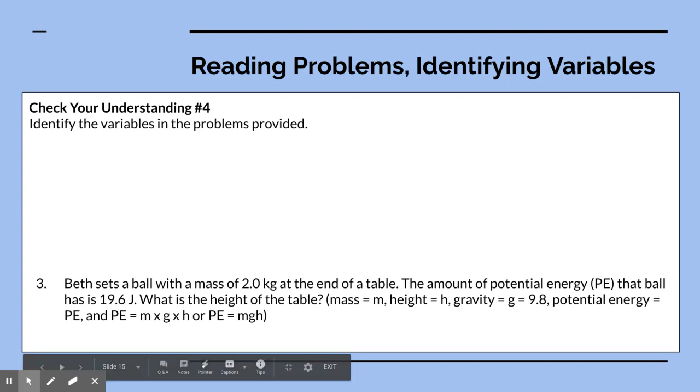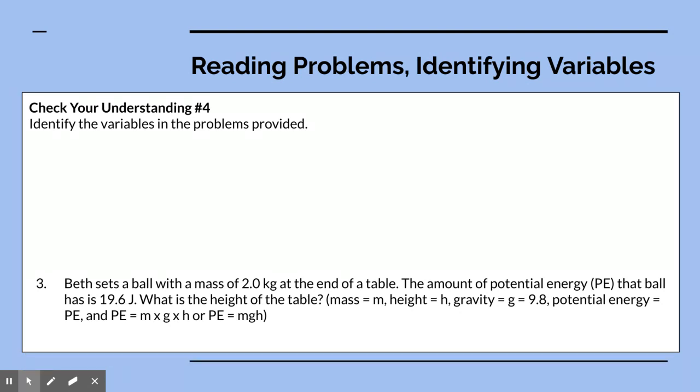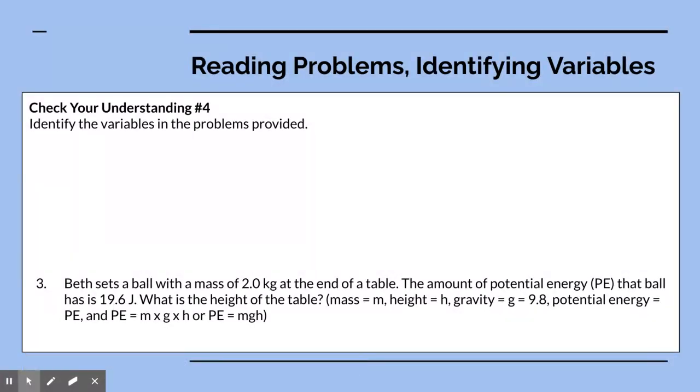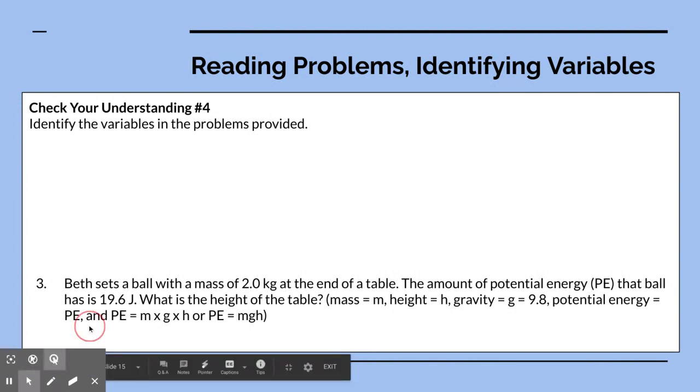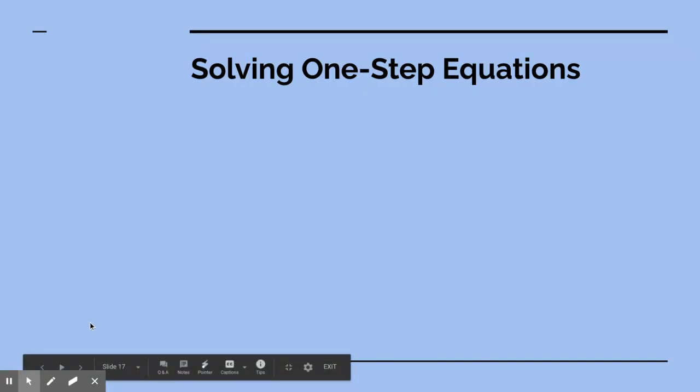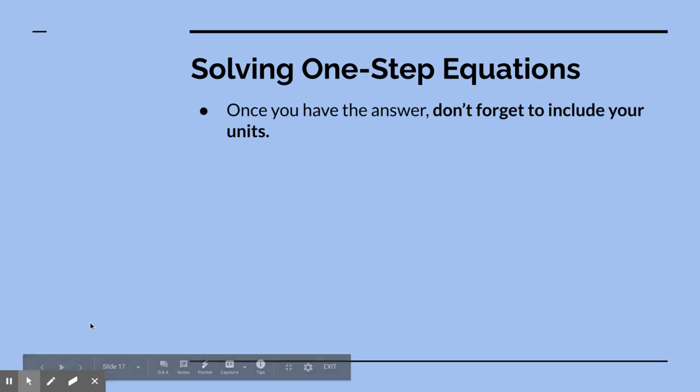See what you get. You should get this number right here. And that would tell you that the solution is correct and that is the true solution. Go back, double check your answer. Always, always, always. I can't stress how great a skill that is.